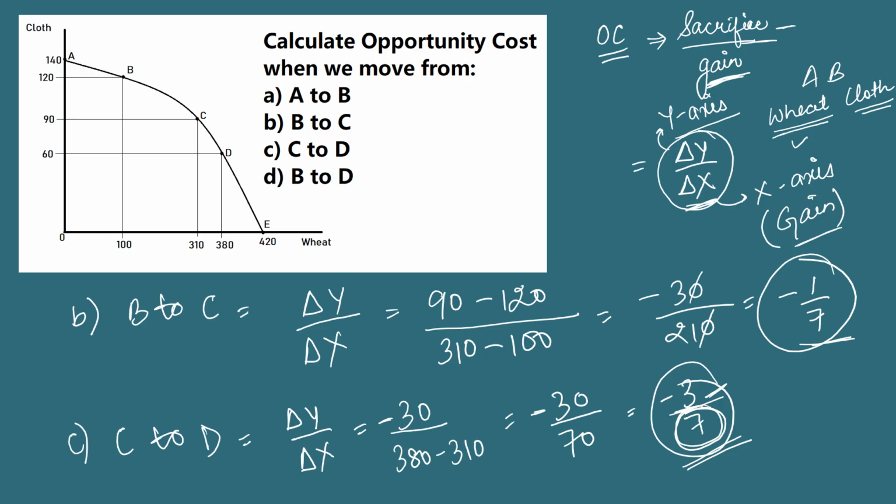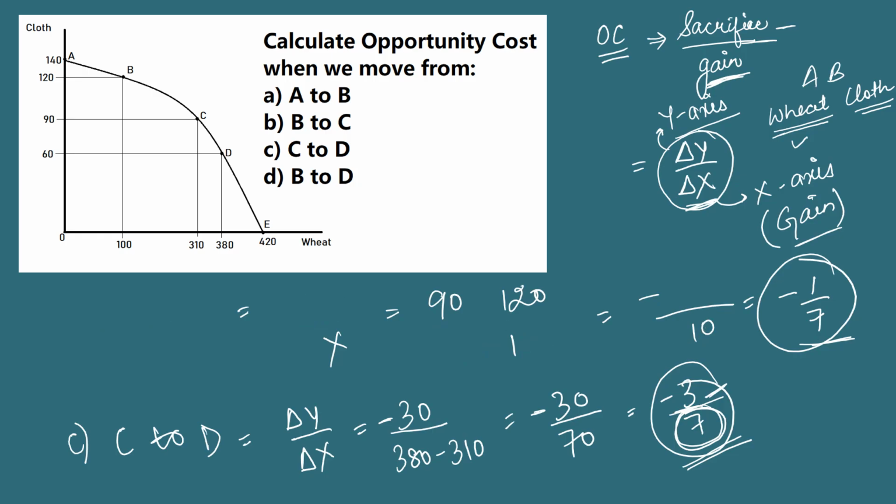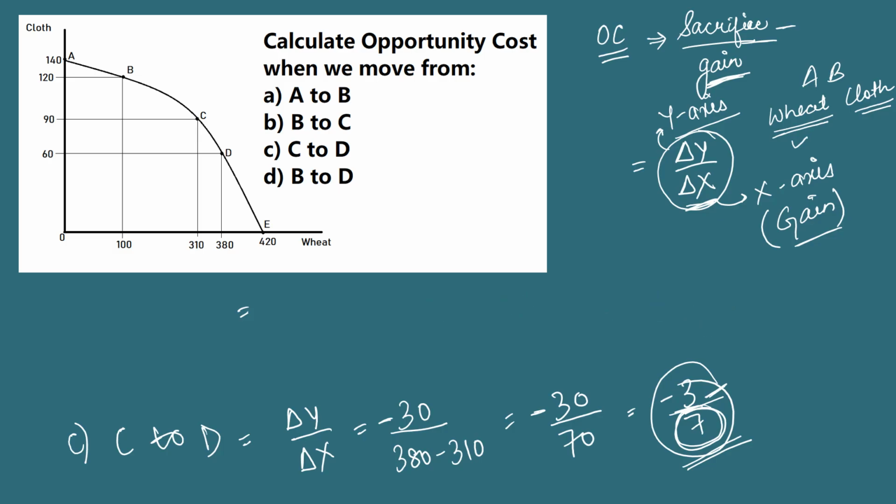So we are left with the last sub part. When we calculate that, we are moving from B to D. When we see B and D, at B cloth is 120 and at D cloth is 60.